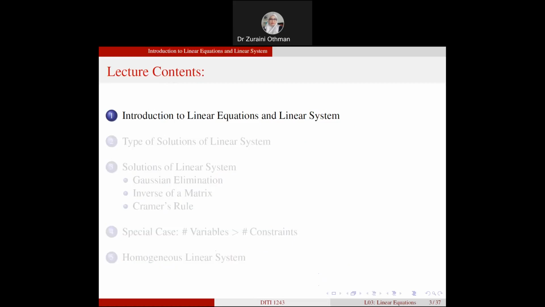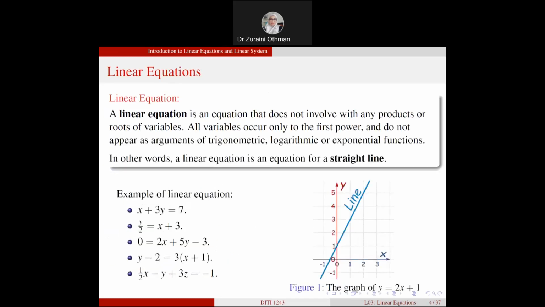Now for the first topic, what is a linear system and a linear equation? Linear equation, if we illustrate it in a graph, is a linear graph, a straight line.